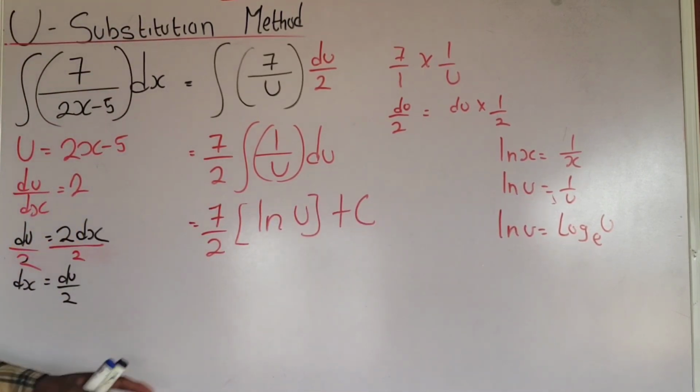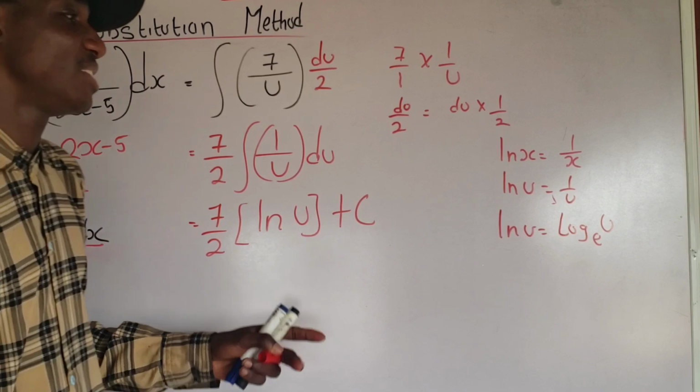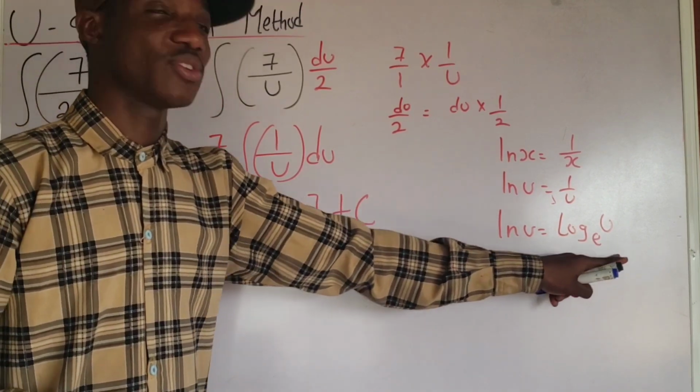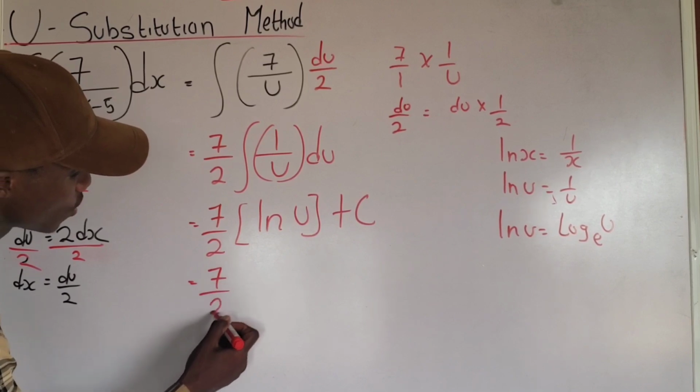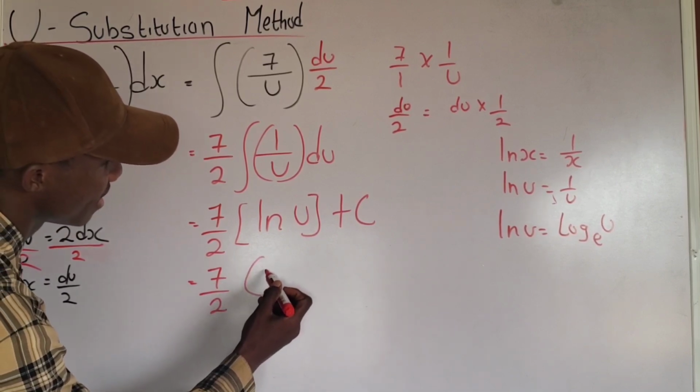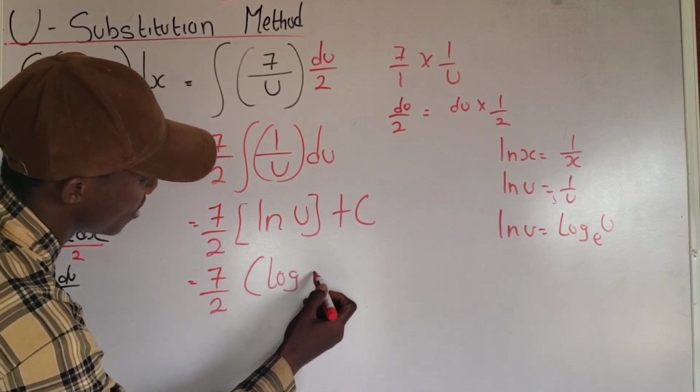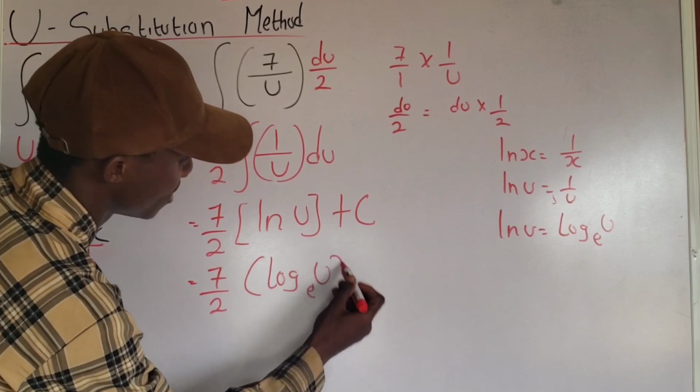Now, you can leave your answer like this, or you can proceed to simplify your answer as 7 over 2 multiplied by log u to the base of e plus c.